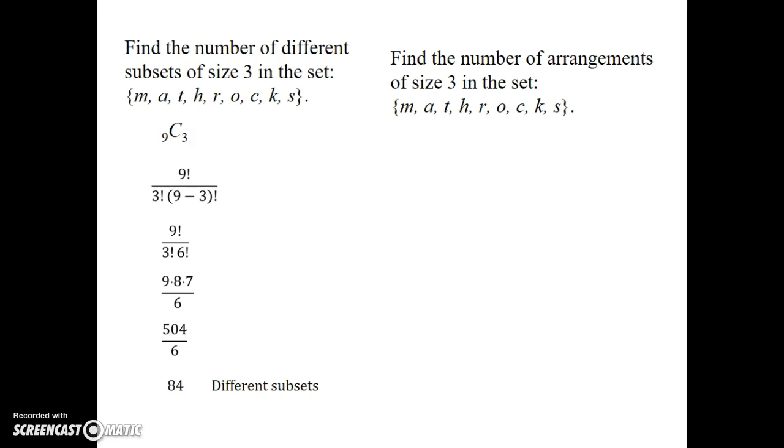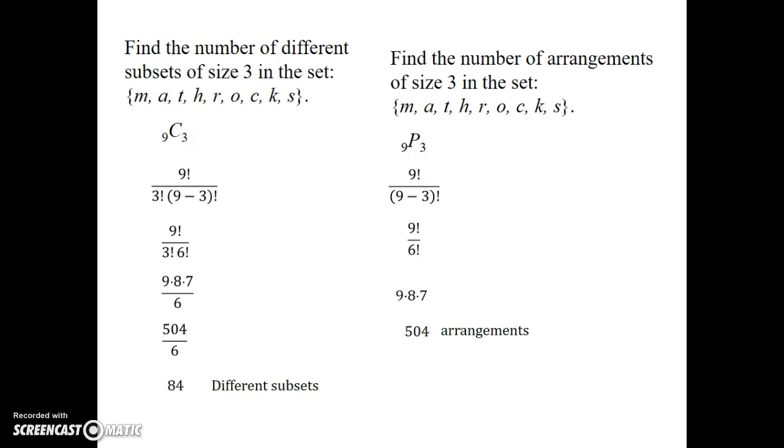Now we'll ask the same question as a permutation. Find the number of arrangements of size 3 in the set. The subsets of size 3, where order doesn't matter, are different than the number of arrangements of size 3. That is a permutation. N is still 9, R is still 3, but the formula is different because we don't divide by R factorial.